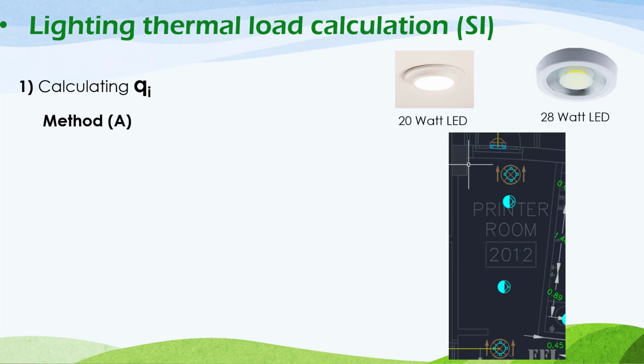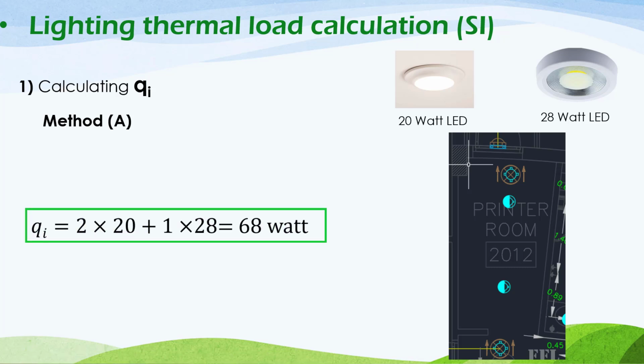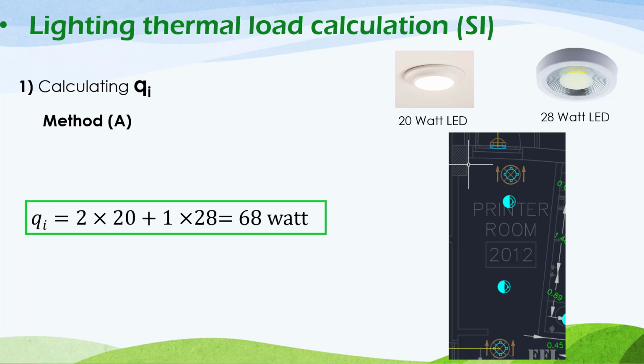In our example, we are using two types of LED luminaires: the power of the first LED luminaire is 20 watt and the power of the second one is 28 watt. So the total luminaire power now equals 2 times 20 plus 1 times 28, which gives a total luminaire power of 68 watt. So that's the first method.